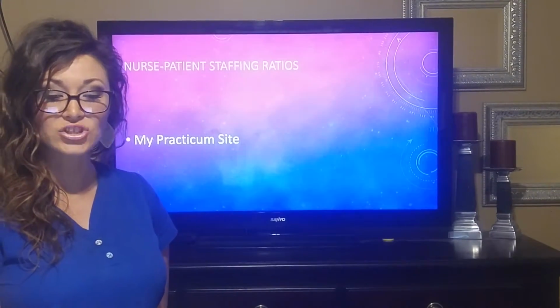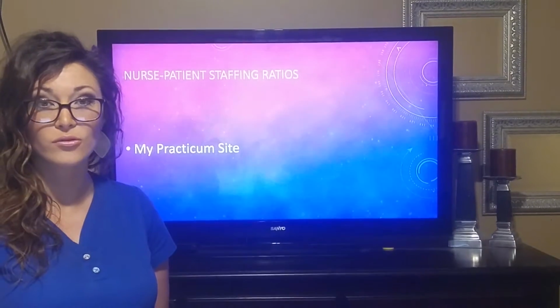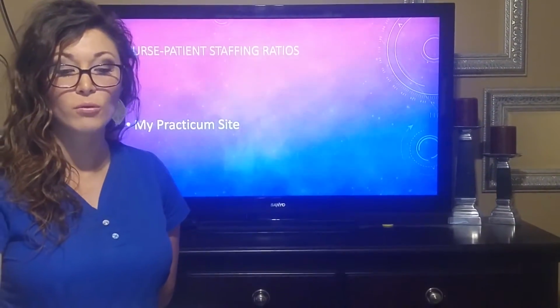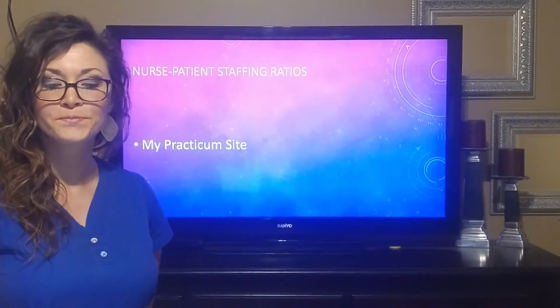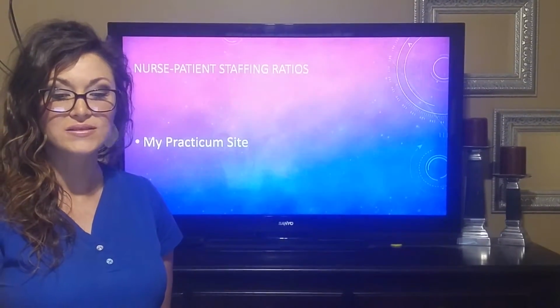During my clinical rotation, my practicum site was closely linked to similarly sized hospitals around. Staffing ratios on 3 out of 4 floors were 4 patients to 1 registered nurse. The floors were similarly sized based on medical surgical patients.